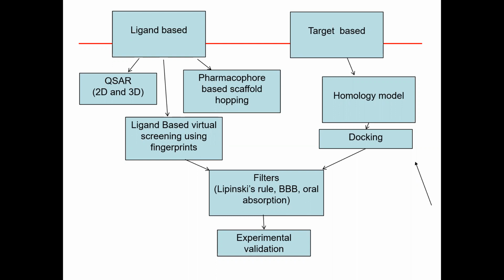I may get it from rat or mouse or some other species. So I do something called homology modeling. I make use of that 3D structure and build the structure of my human protein. That's called homology modeling.